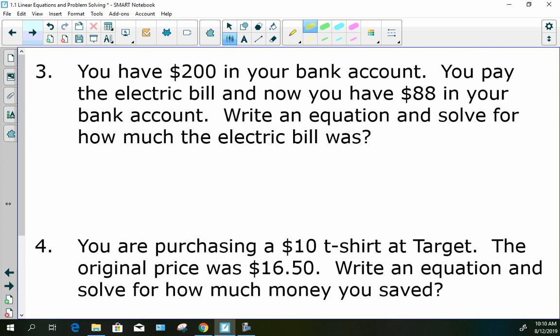Okay, you have $200 in the bank. That's your total, right? You pay an electric bill, and you now have $88. Write an equation to solve for how much the electric bill is. Well, you now have 88 plus x equals 200. That's going to give you how much your electric bill is. So what is your electric bill?